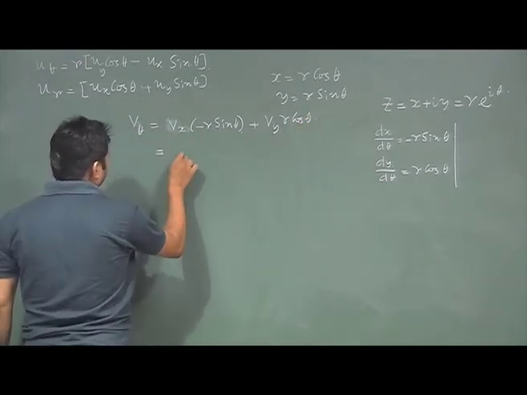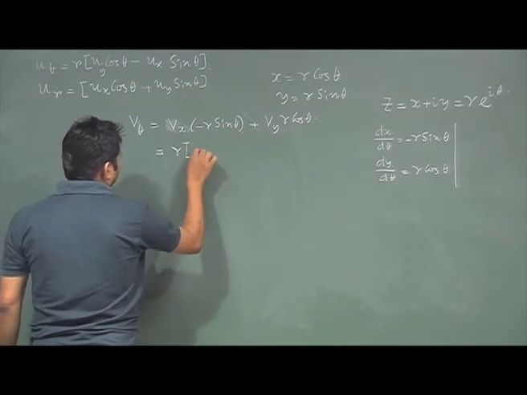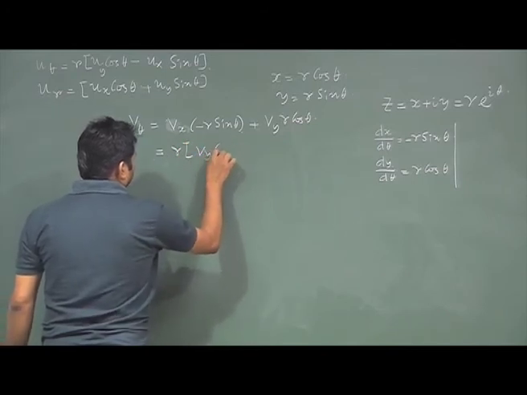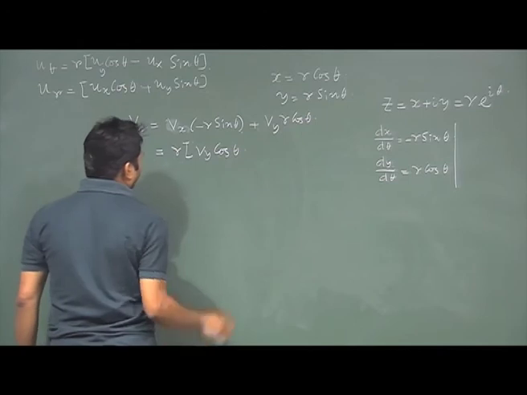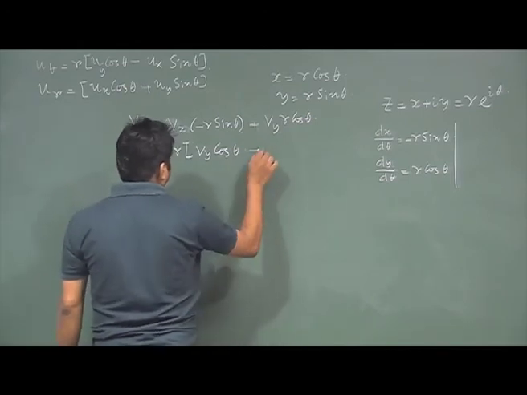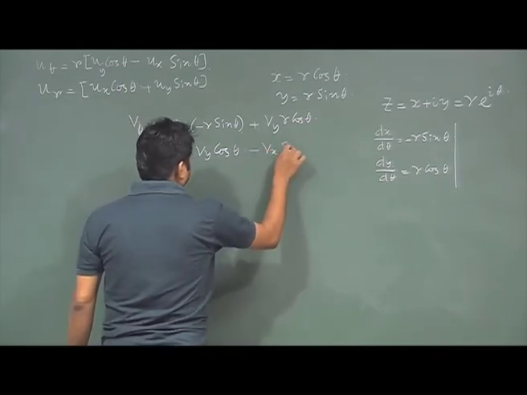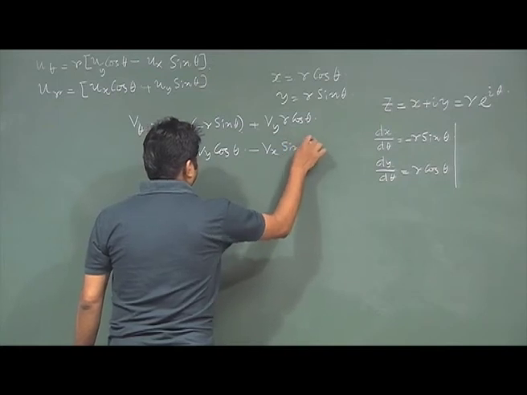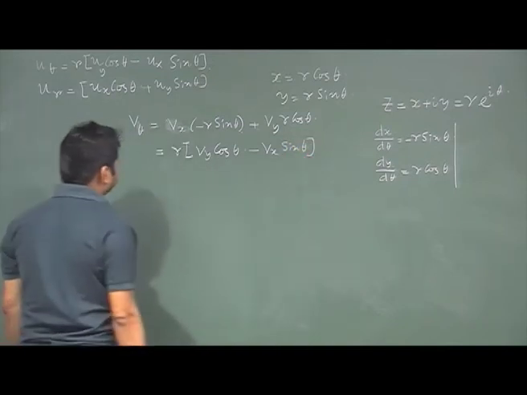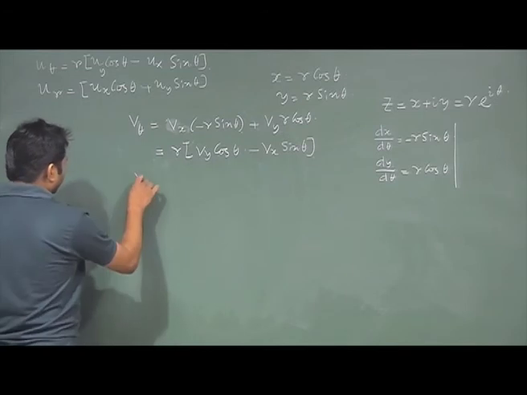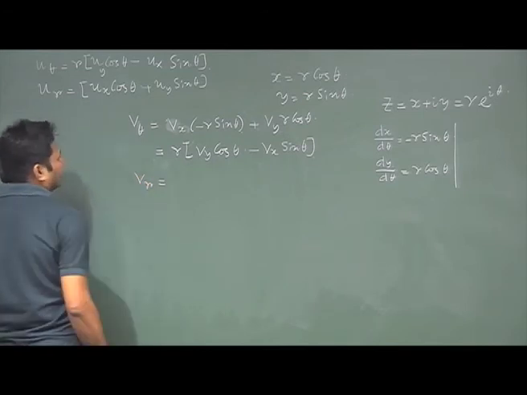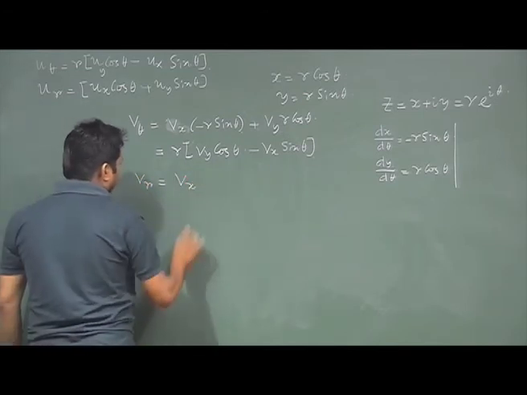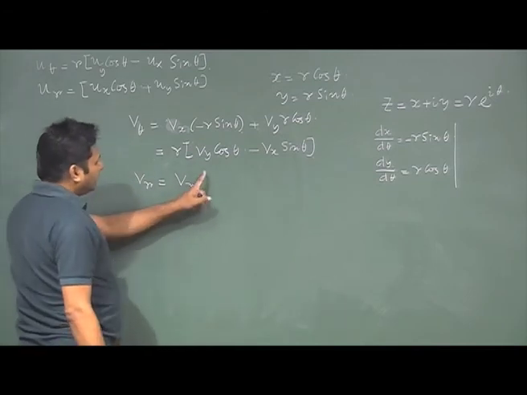So, it is r times vy cos theta minus vx sin theta. What about vr? vr is vx into del x del r.